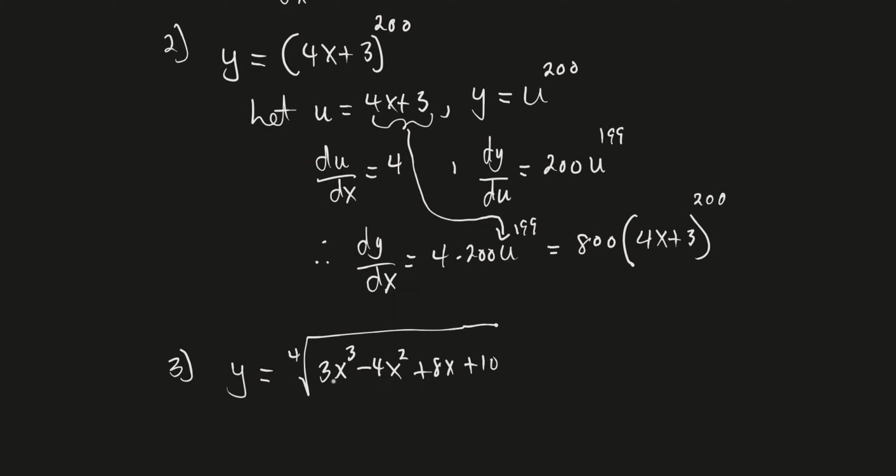So let's say we had this as our function. Knowing what I know about roots, I can write the fourth root as a fractional power. So 3x cubed minus 4x squared plus 8x plus 10, all to the 1/4 power.